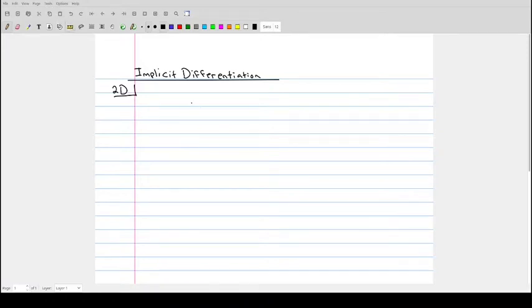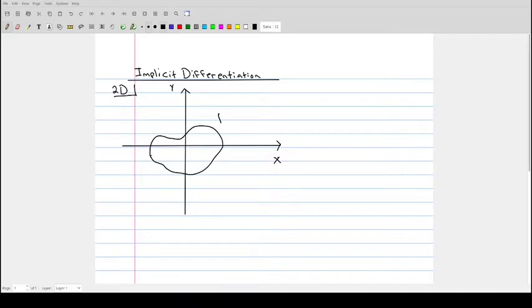So you'll remember that if you have a curve in 2D, in general that curve can be expressed as a level curve of a multivariable function, or a multivariable function z equal to some constant.